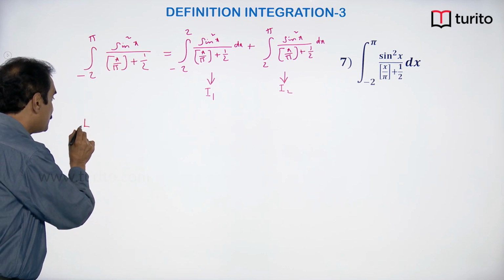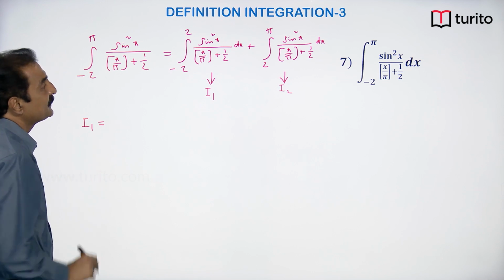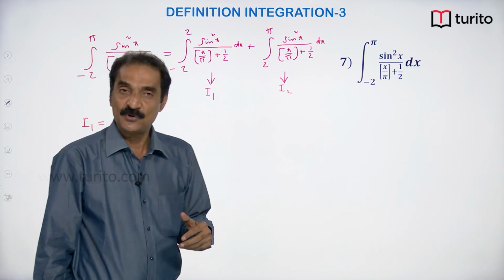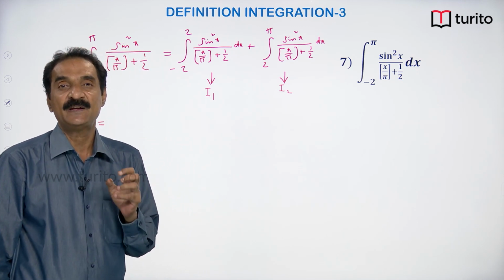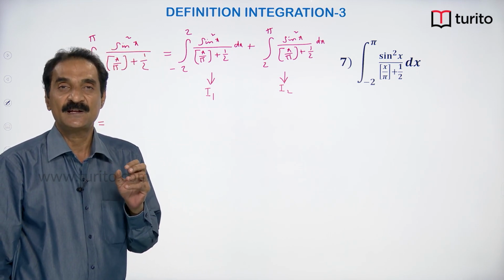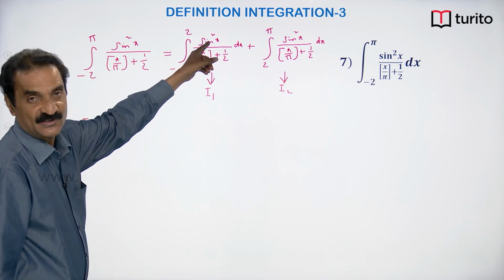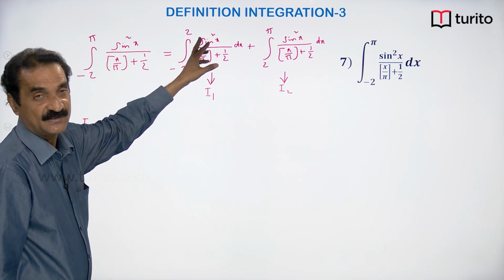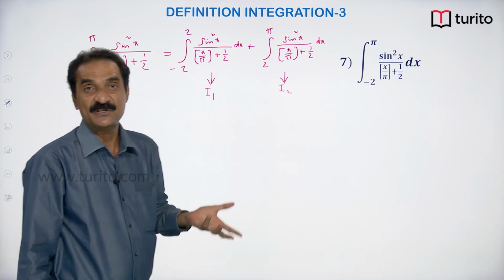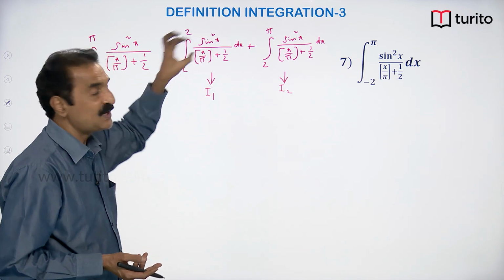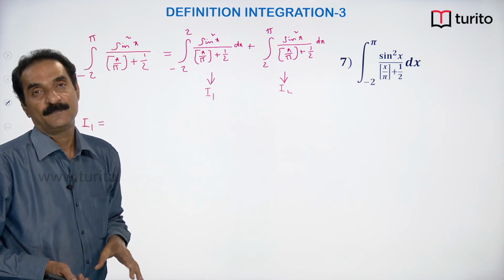I1 is equal to, now limits are minus 2 and plus 2. When the limits are minus a and plus a, we should check whether the function is even or odd. Numerator is even function, sine square of minus x is sine square x, but denominator is greatest integer function, which is neither even nor odd. So the whole function is neither even nor odd.